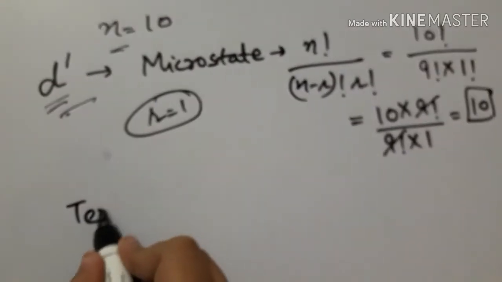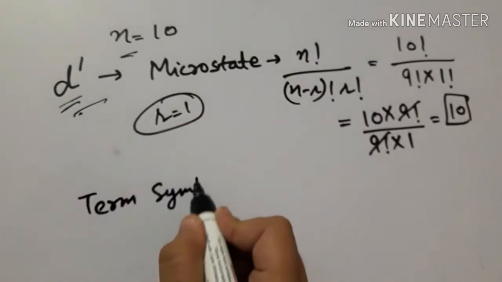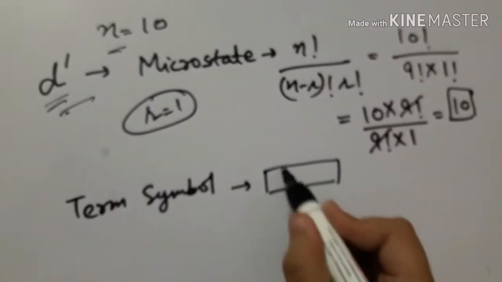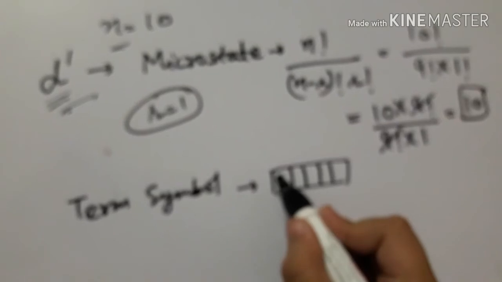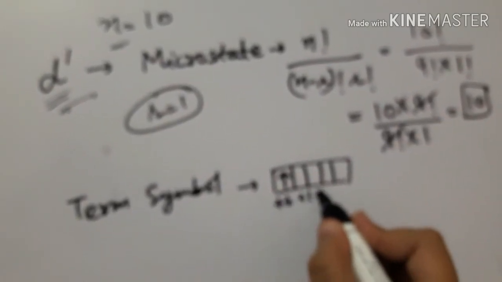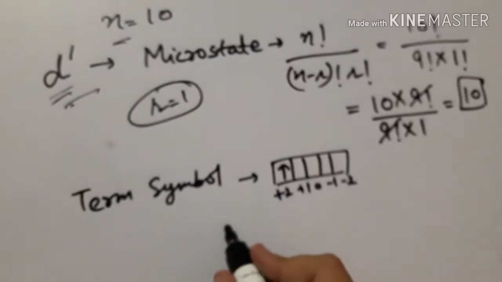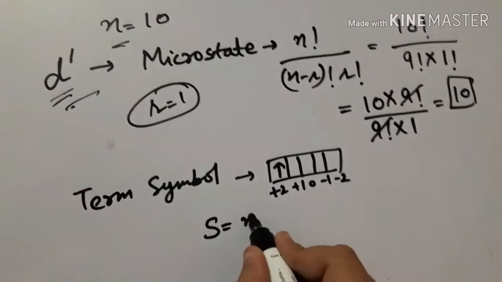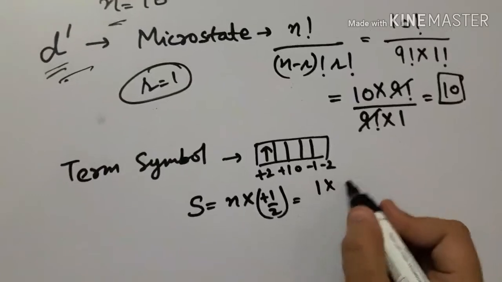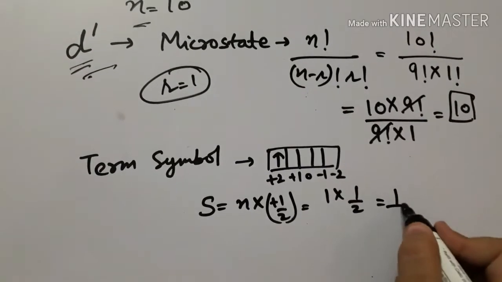For term symbol, we will write it as this, and the m value is plus 2, plus 1, 0, minus 1 and minus 2. So S is n multiplied by plus half, that is 1 multiplied by 1 by 2 equals 1 by 2.